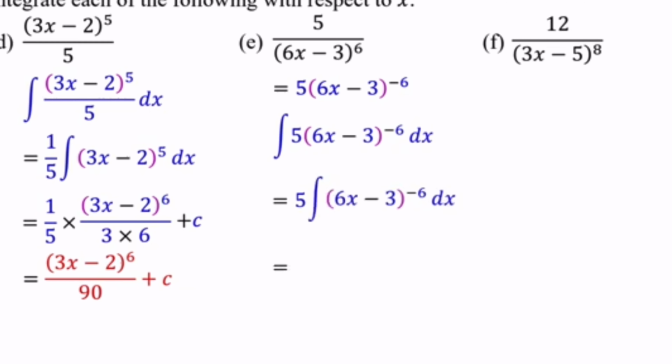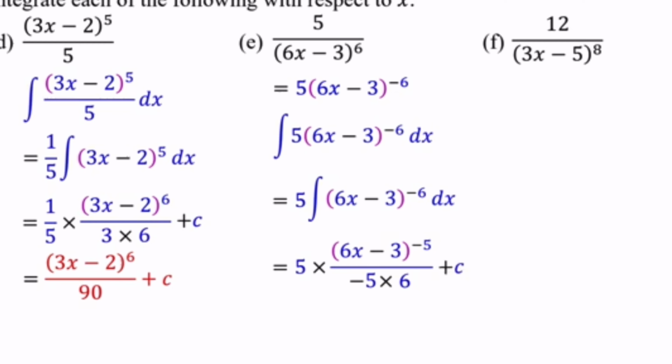So we have to take the power of negative 6 plus 1. So it becomes 5 times (6x − 3) to the power of negative 6 plus 1, which is negative 5, divided by negative 5. And don't forget, you have to divide by the 6, which is actually the coefficient of the x. Okay, so let's simplify.